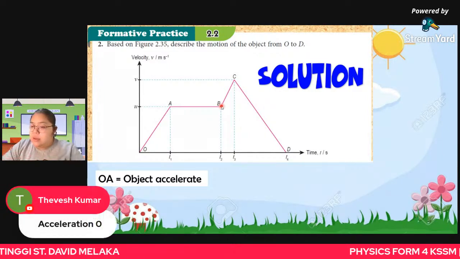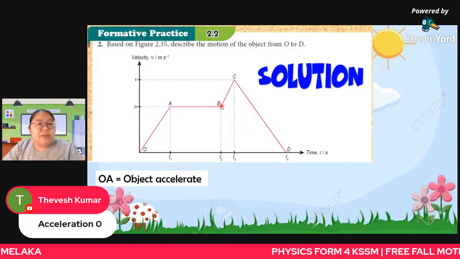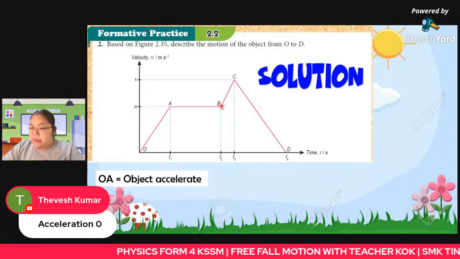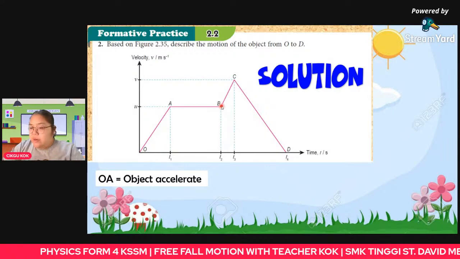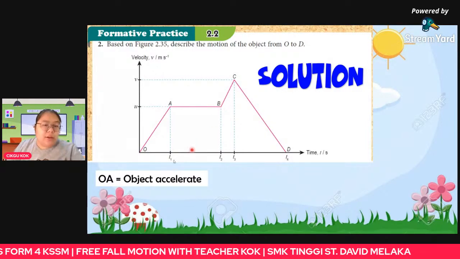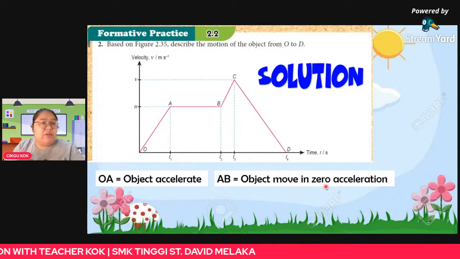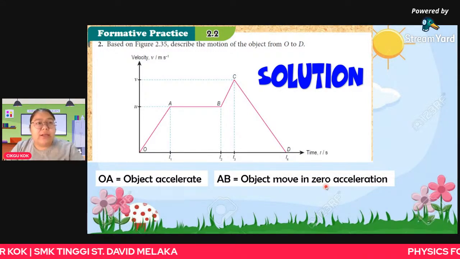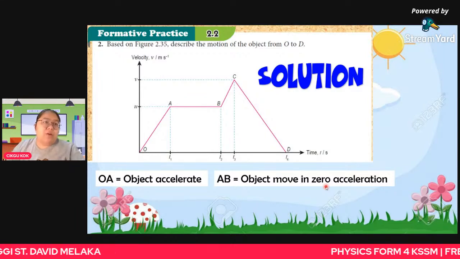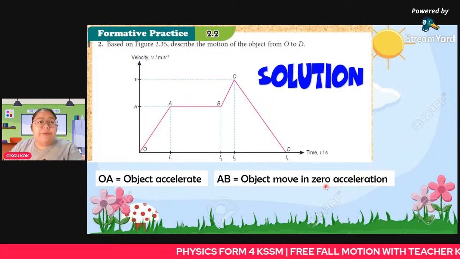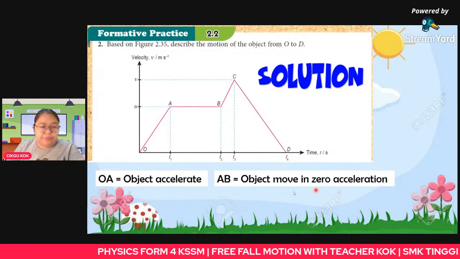So give me the acceleration equals 0. Constant velocity, correct. Dylan also correct. Uniform velocity, Prowess also correct. So the answer should be the object moves with zero acceleration, or you say there's a uniform velocity. Also can.